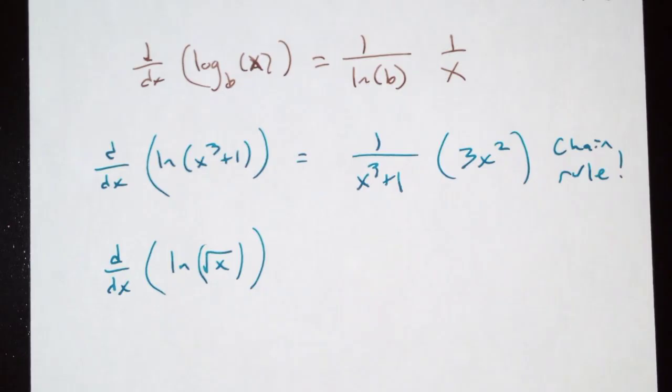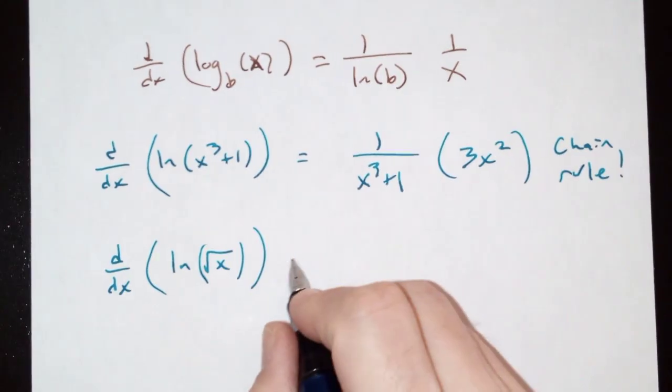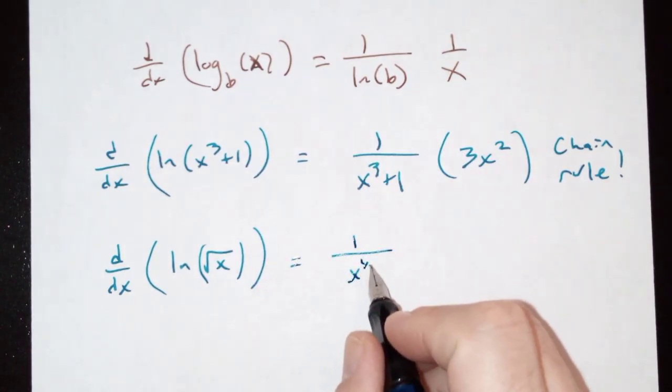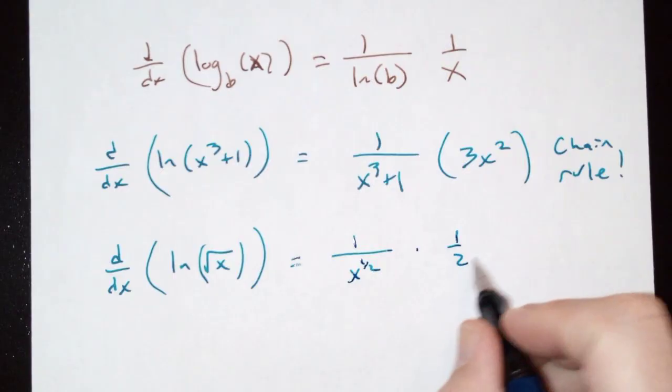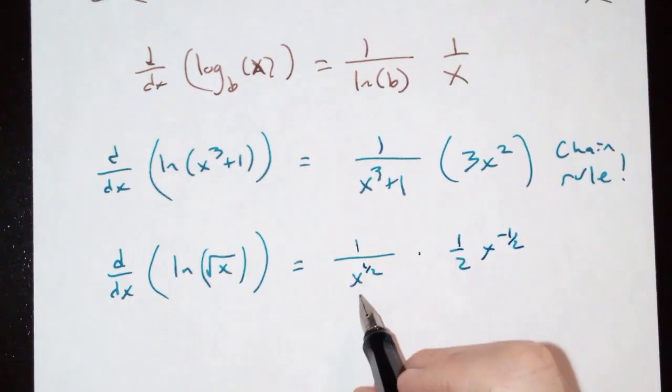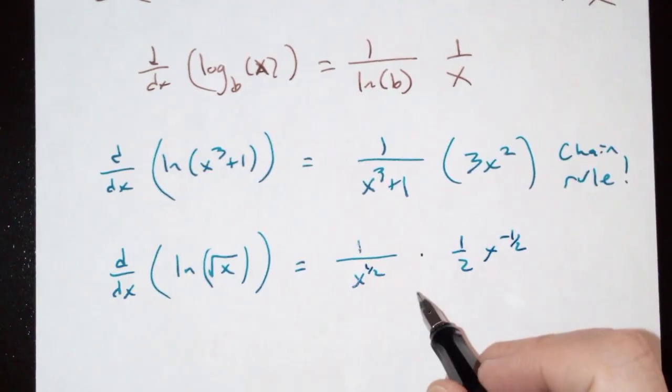What do you get? 1 over x to the 1/2. We have x to the -1/2. 1 over stuff, derivative of the stuff. Yes?